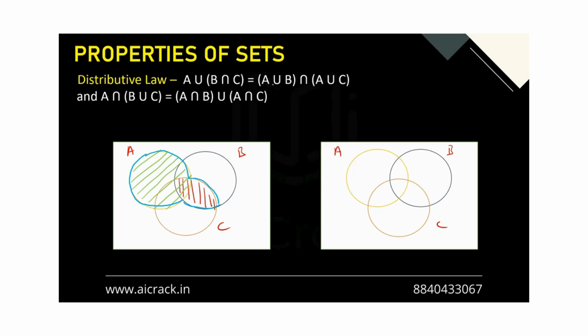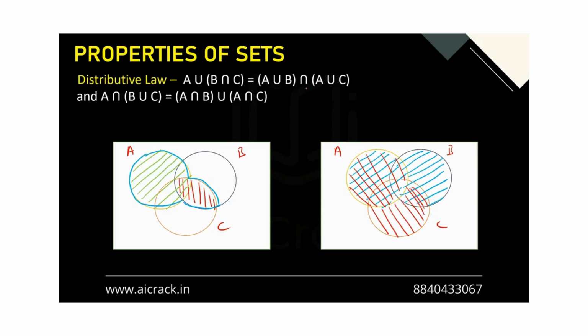And let's do this one now. A union B is nothing but this entire region. This entire region is A union B. And we have A union C as well. So A union C is this region, right?